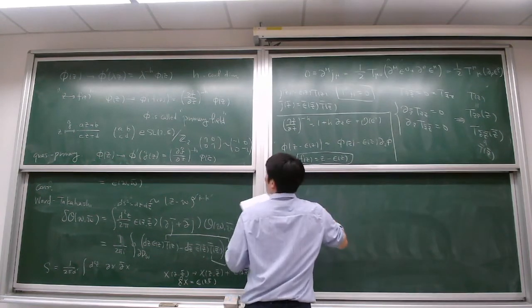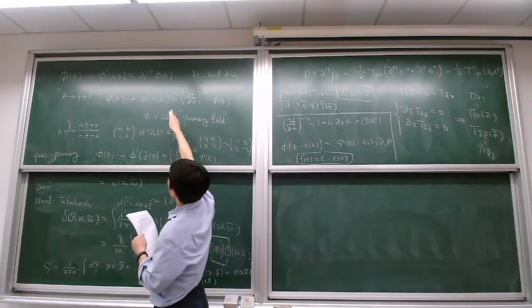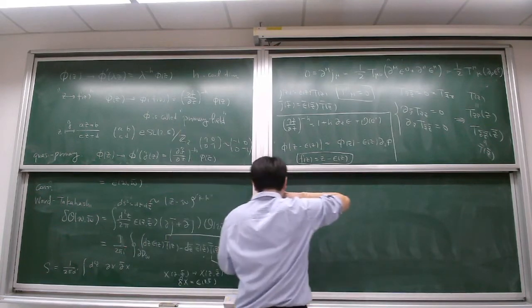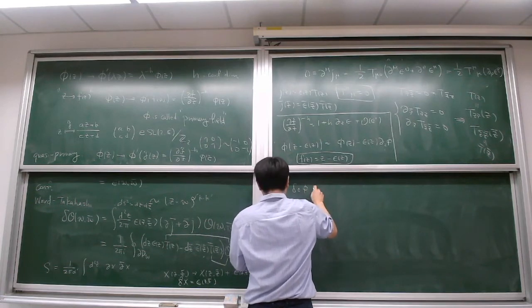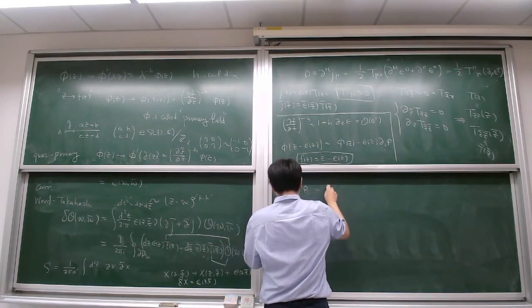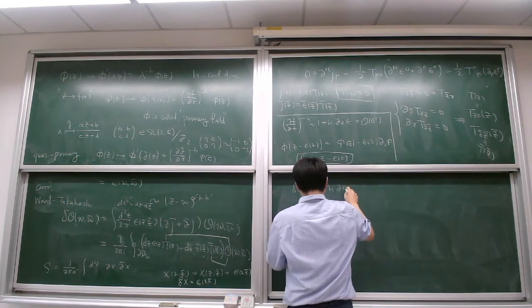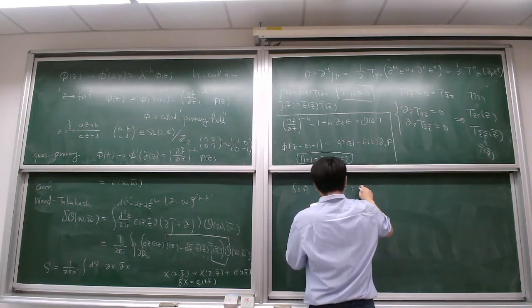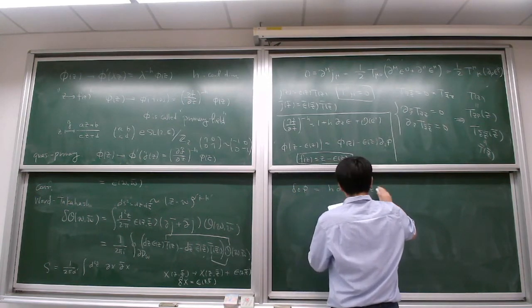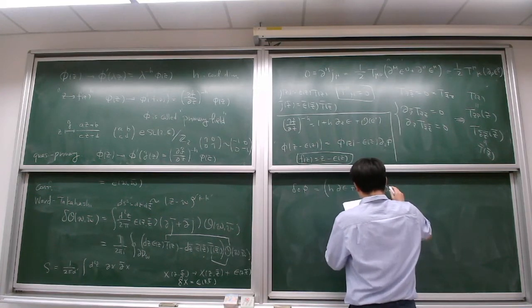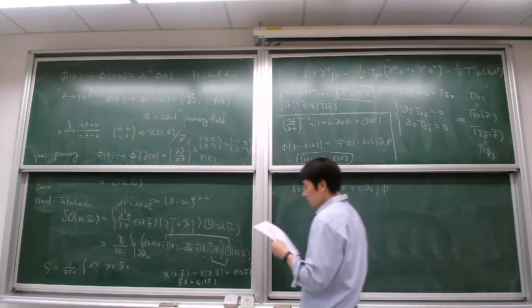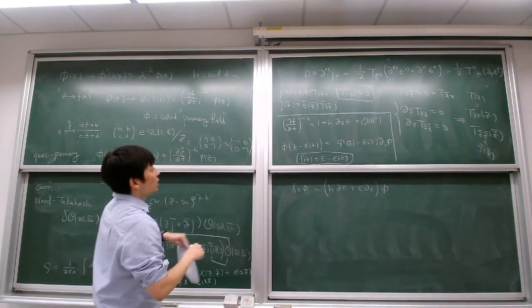So if you look at this infinitesimal variation for a primary field, the holomorphic part can be understood.